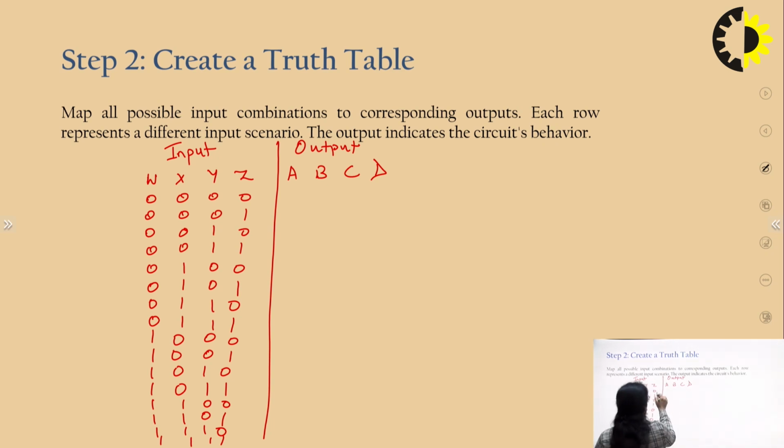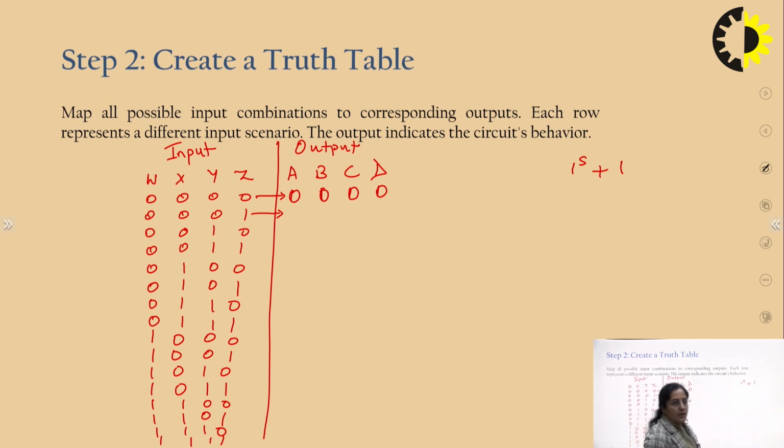Now for each combination we have to find the 2's complement. As we know, to find the 2's complement we first find the 1's complement and add 1 to that number. So if I go with 4 zeros, the 1's complement will be 4 ones, and when I add 1 to it, it becomes 0, 0, 0, 0.